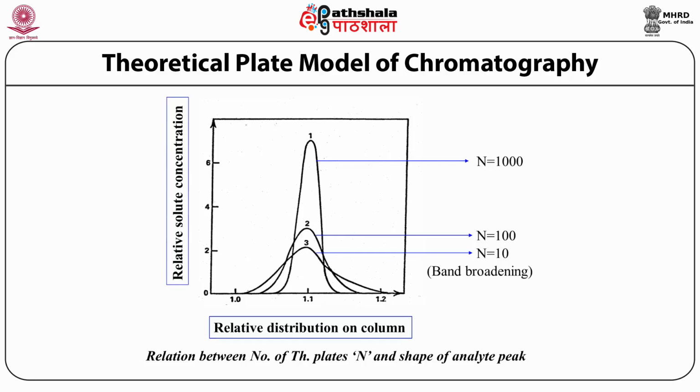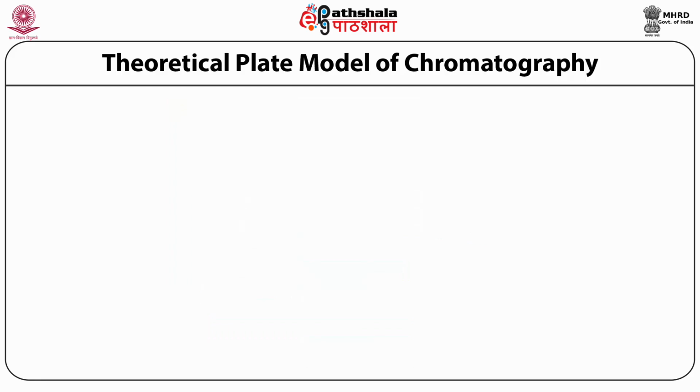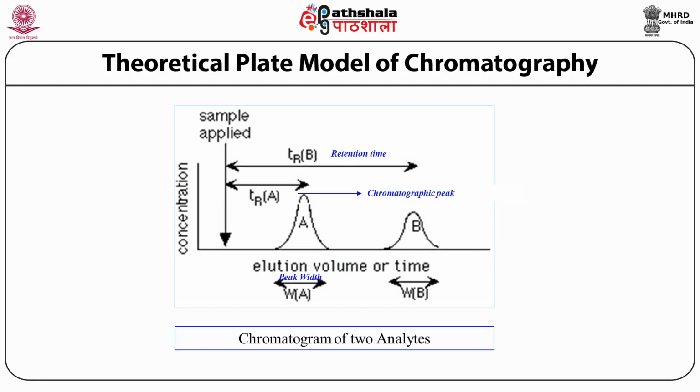It can be observed that by increasing the number of theoretical plates, band broadening can be reduced and sharp peaks can be obtained. This chromatogram shows peaks of two analytes A and B, of which the retention time of B is greater and it is eluted out later from the column.